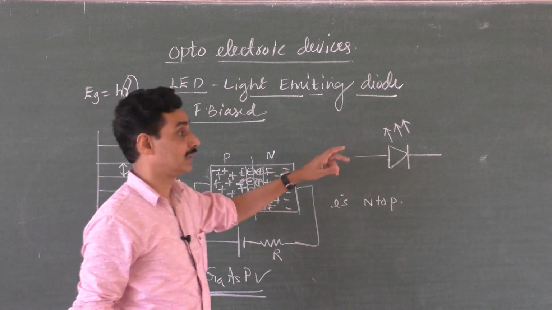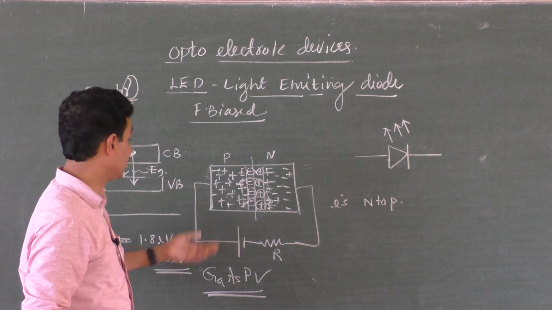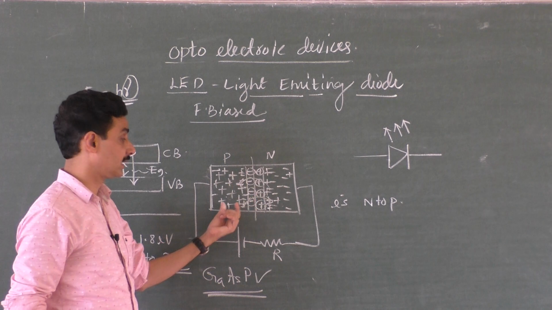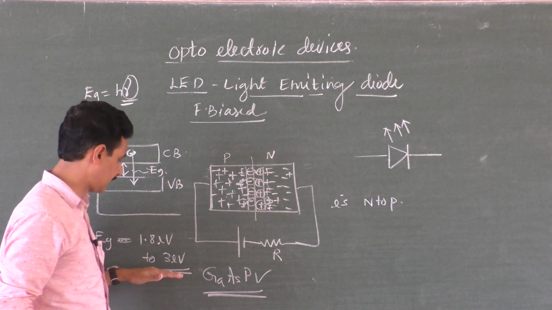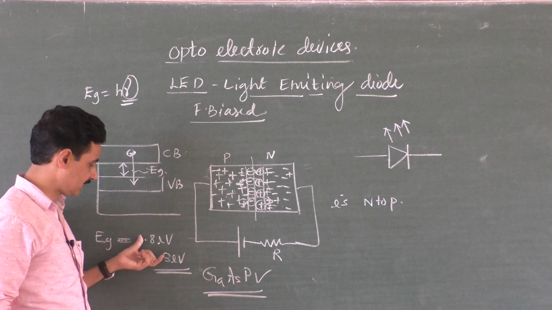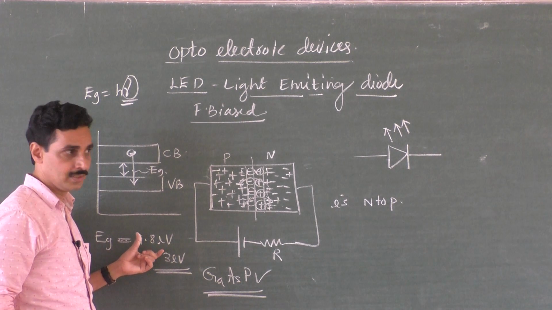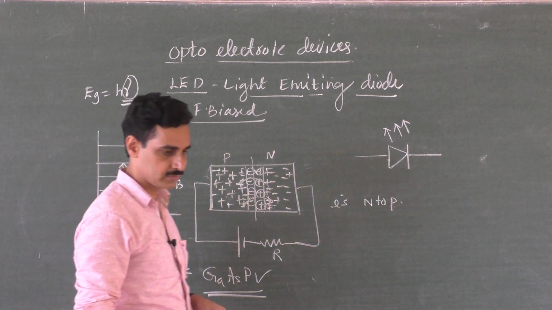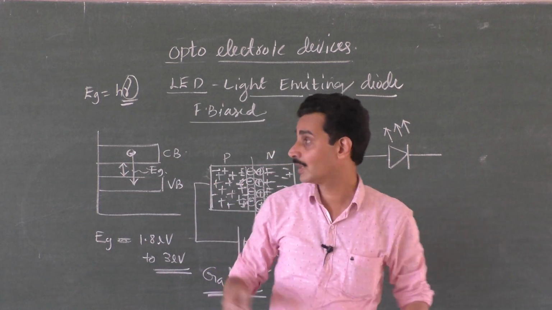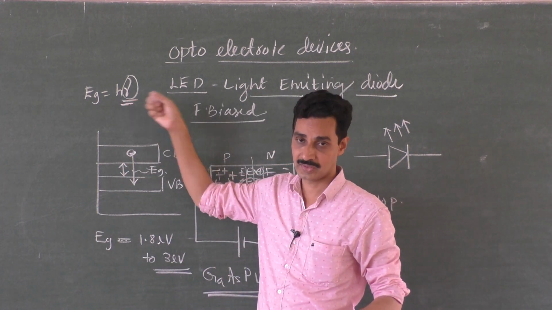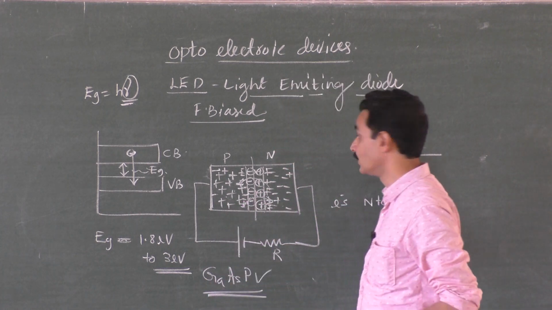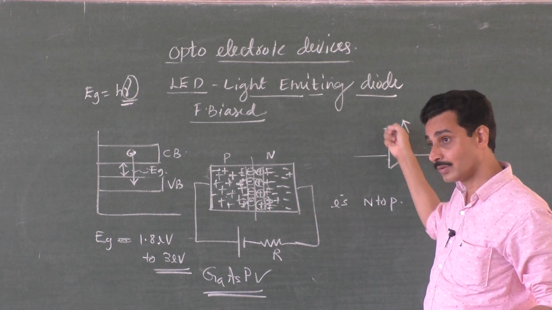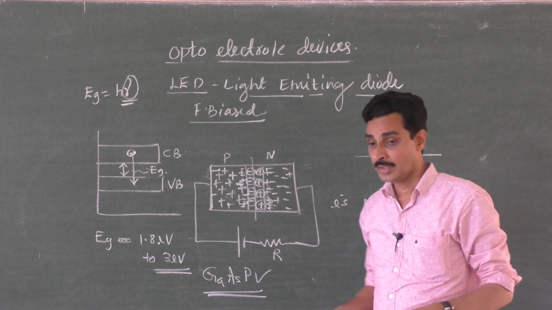But this one produces light by electrons recombining with the holes, and that emits light in the visible range. So you have to select the material which has an energy gap in this range, 1.8 electron volt to 3 electron volt, which is best suitable for producing visible radiation. So the symbol is like this, light going out because it is emitted. Light going in means it is a photodiode. Okay.